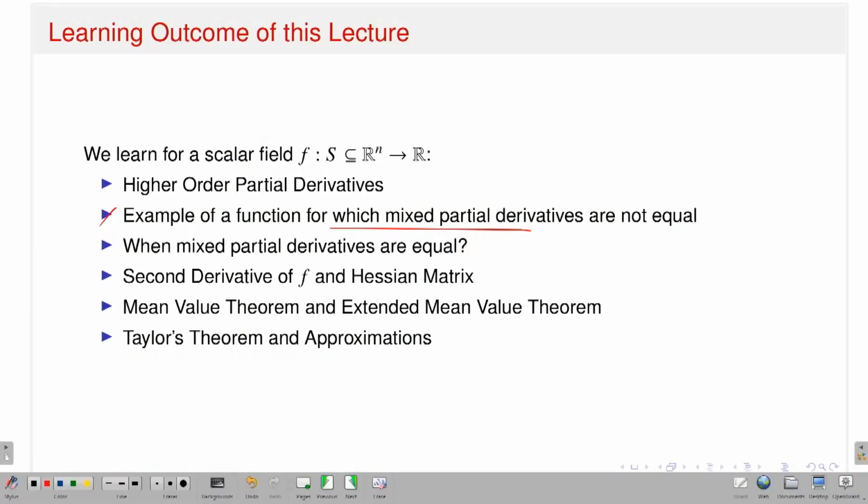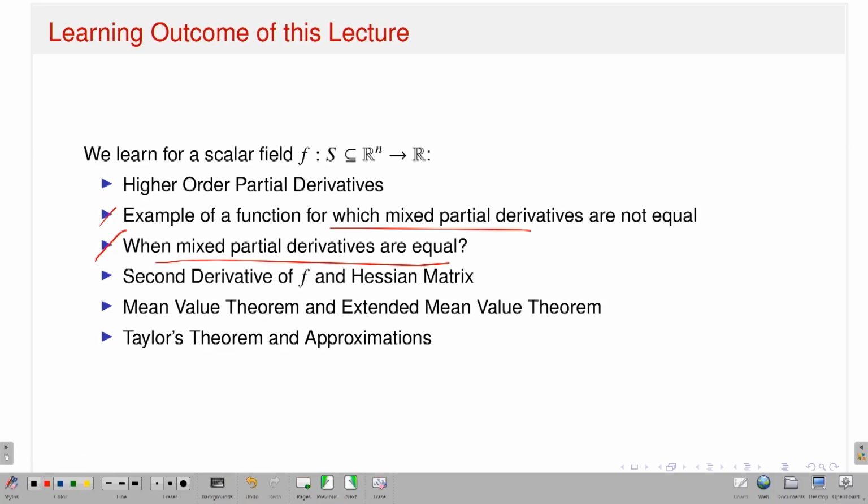Then I will talk about one example where you will see that the mixed derivatives are not equal at some point. The question is when I can say that the mixed partial derivatives are equal. There are some sufficient conditions that I will also talk about, and show that if these hold, then the mixed derivatives are equal.